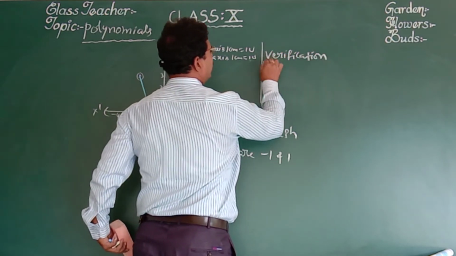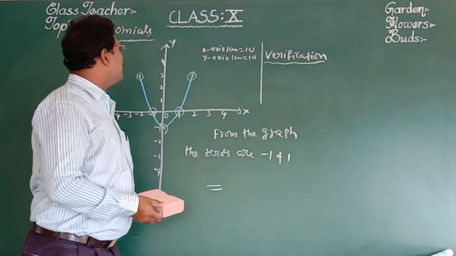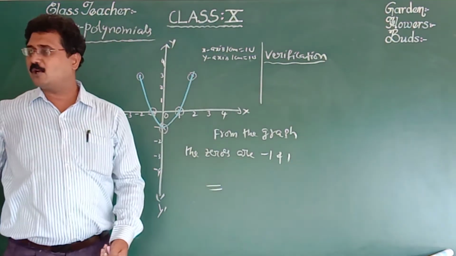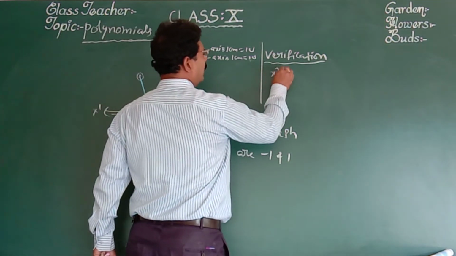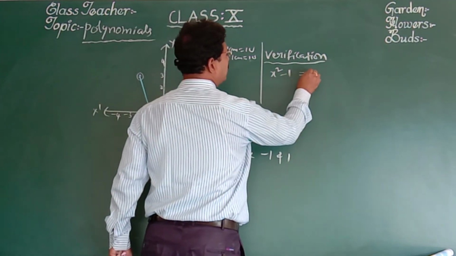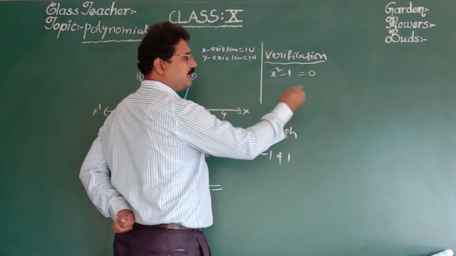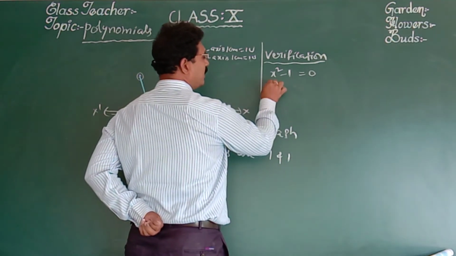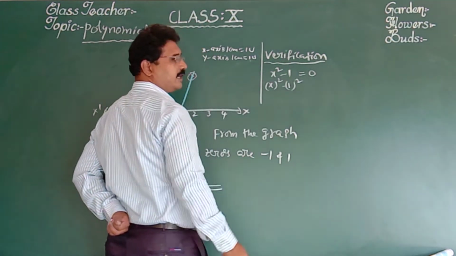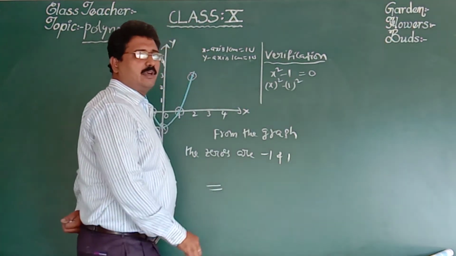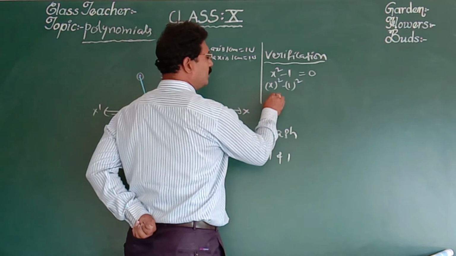Now see the verification. What is the given polynomial? y is equal to x square minus 1. Let it be equal to 0: x square minus 1 is equal to 0. X square minus 1 can be written as x whole square minus 1 whole square, which is in the form a square minus b square, a plus b into a minus b.